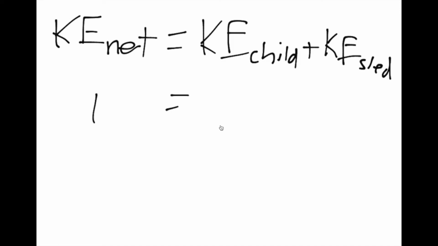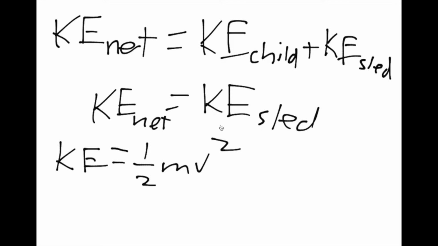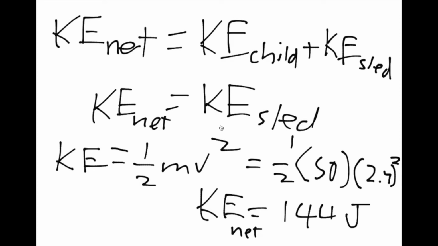So KE net is going to be equal to KE sled, and KE is equal to 1/2 mv squared, and we're just going to plug in the values here, 1/2 times 50, which is the 50 kilogram value, and 2.4 squared from the previous question, and that's going to give us the net kinetic energy, which is equivalent to 144 joules.